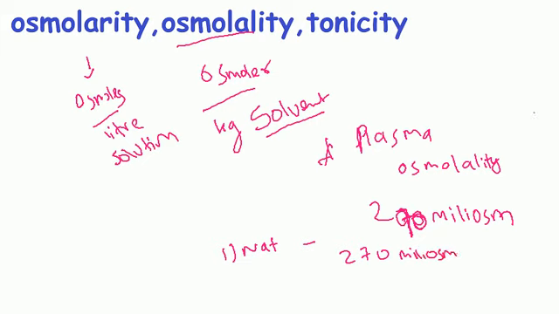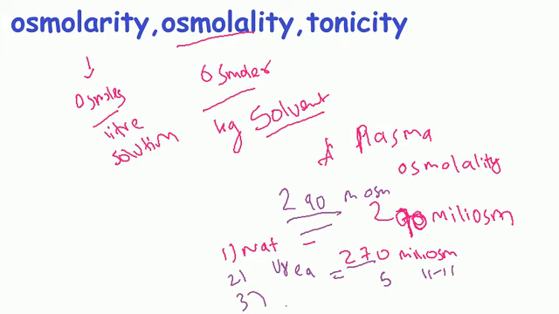Let me write it differently. So total plasma osmolality is 290 milliosmoles, and the sodium concentration is 270. Then urea gives 5 milliosmoles.